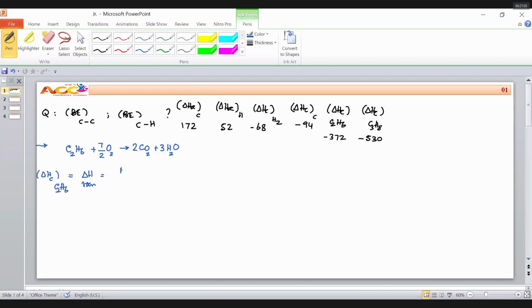Bond energy of C2H6 is something like this: C single bond C one time, plus bond energy of CH bond, how many times? 6 times, plus 7/2 times bond energy of oxygen.